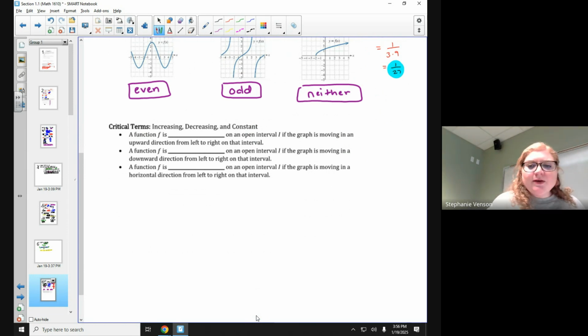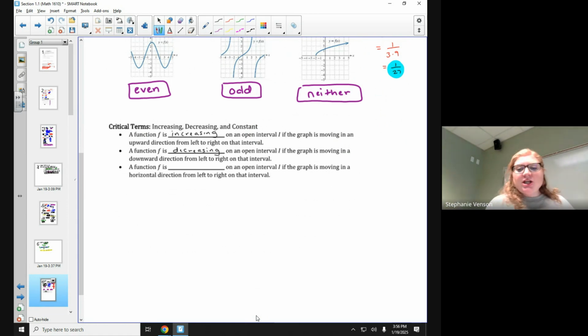A function f is increasing on an open interval I if the graph is moving in an upward direction from left to right on that interval. A function f is decreasing on an open interval I if the graph is moving in a downward direction from left to right on that interval.